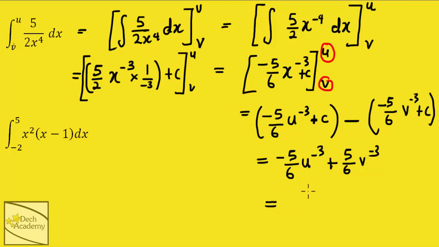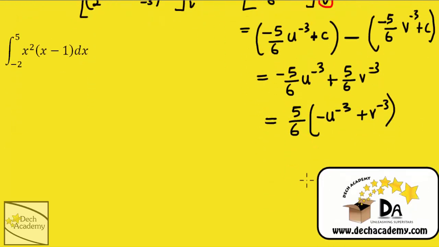I can always factorize this to give 5 over 6 into minus u to the minus 3 plus v to the minus 3. And I can further rewrite it here as 5 over 6 times minus 1 over u to the 3 plus 1 over v cubed.